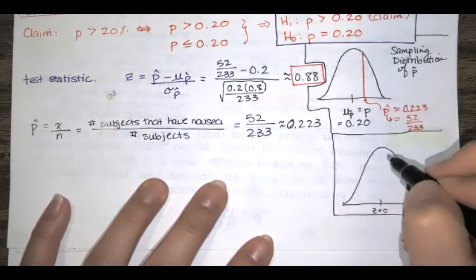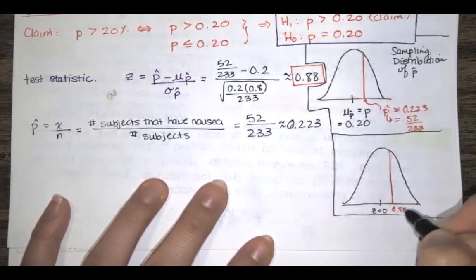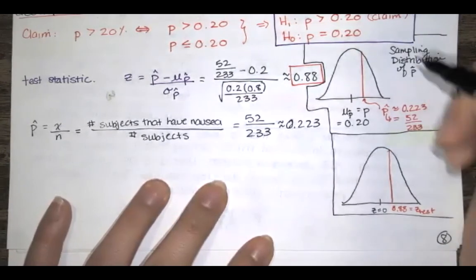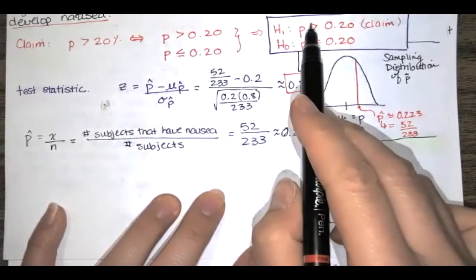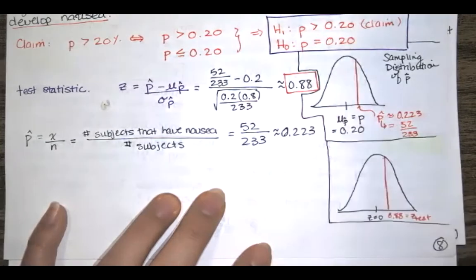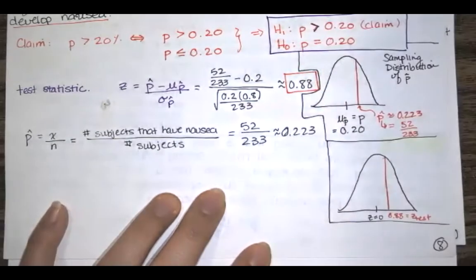And we said in that case, that p hat corresponds to this z-score, our test statistic z, of 0.88. And since the alternative hypothesis says that p is strictly greater than this value, we can think of that as an arrow pointing to the right. This is a right-tailed test.